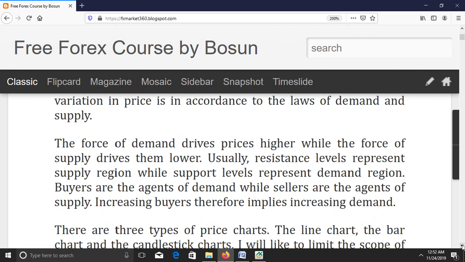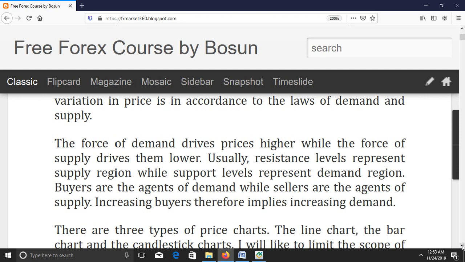The force of demand is what drives prices higher, while the force of supply is what drives prices lower. When demand increases, prices will increase. When demand falls, prices will fall to ensure equilibrium.